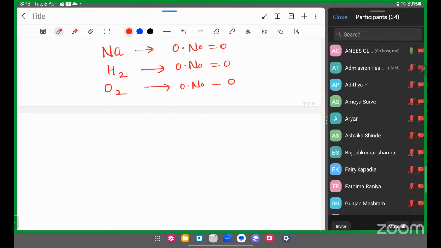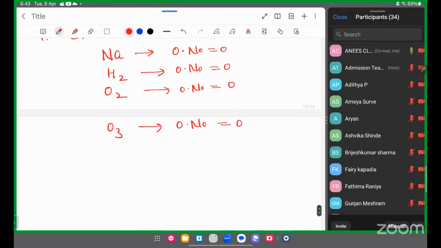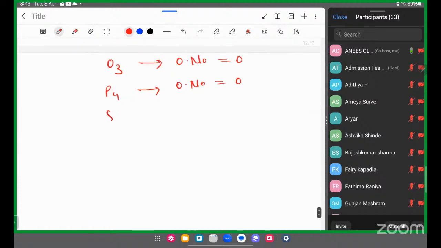Hydrogen H2 is the natural form of H atom, and oxygen atom exists in the form of O2. Similarly, if we are taking ozone, oxidation number of O will be 0. This is first point. In P4, oxidation number of phosphorus is 0. In S8, oxidation number of sulfur is also 0.